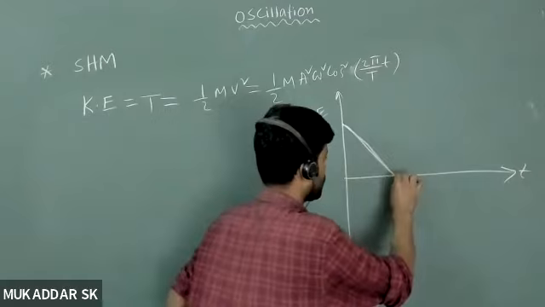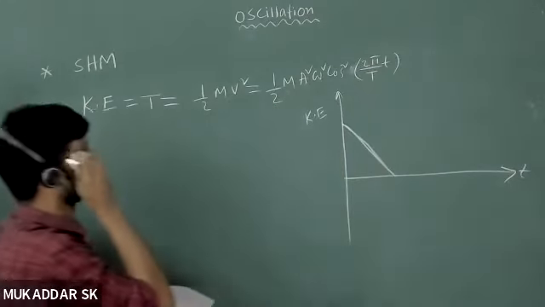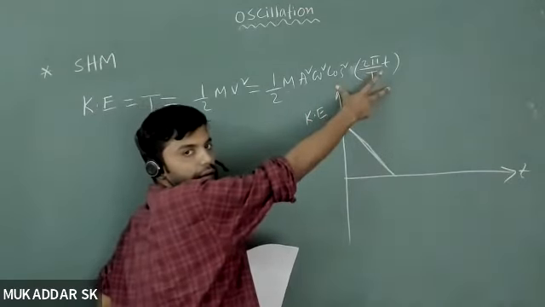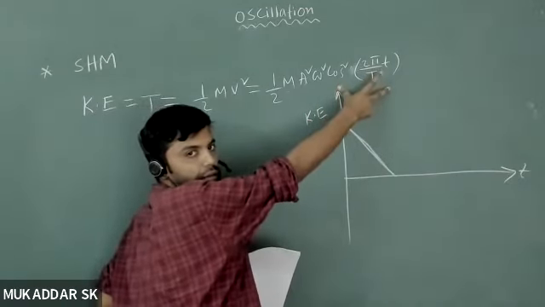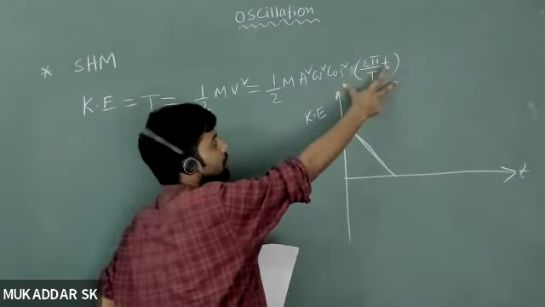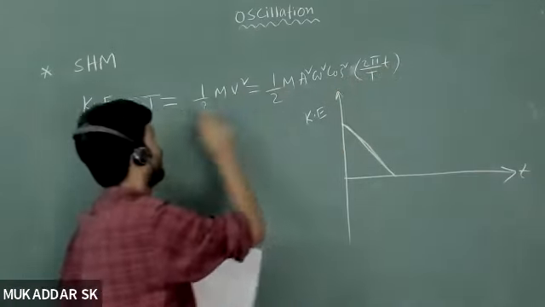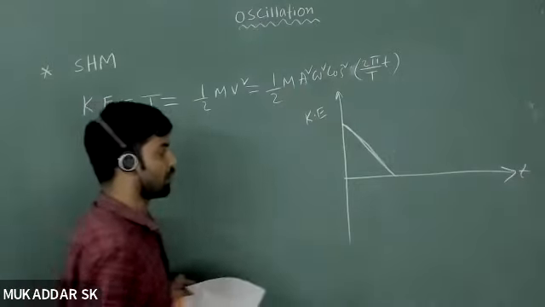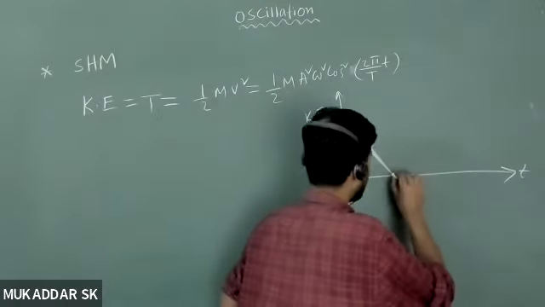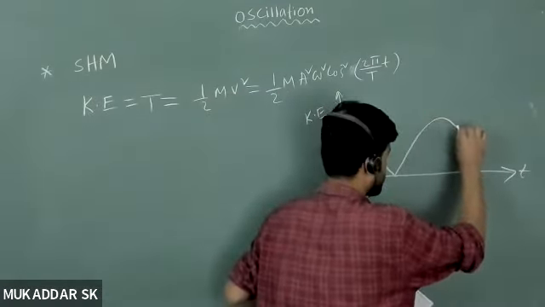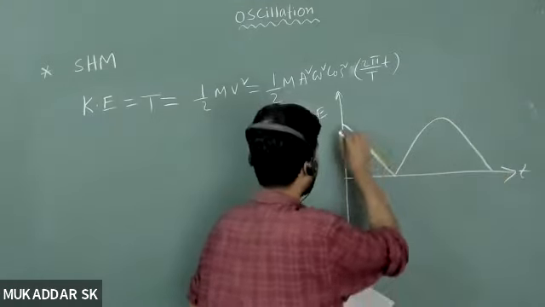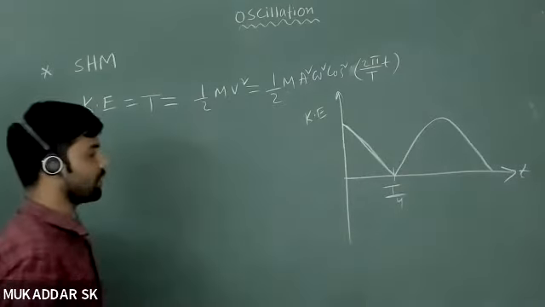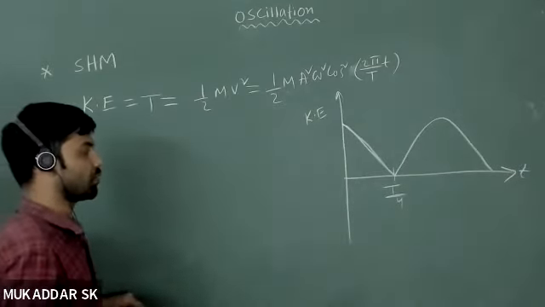Curvy nature. Okay. And now you see this function is cos square, so you will never get a negative value, right? Always you will get a positive value. And this is obvious because you are dealing with classical mechanics, and kinetic energy will never be negative because the cos square function is never negative. So how will the curve look? This point corresponds to capital T by 4, right? And this represents when the oscillator is at extreme position.